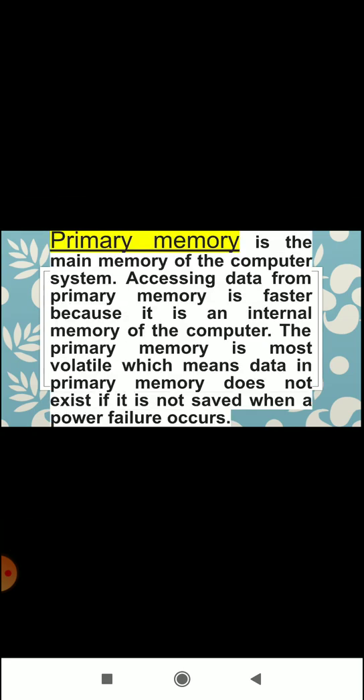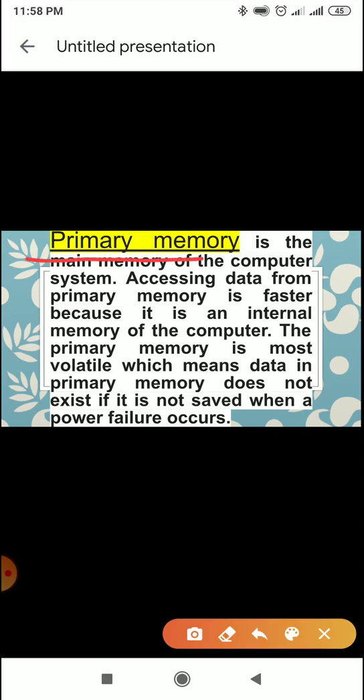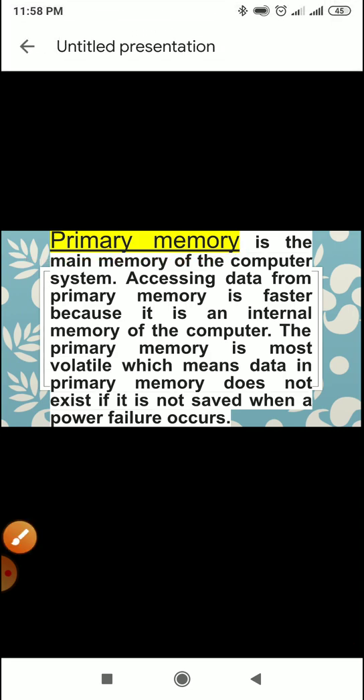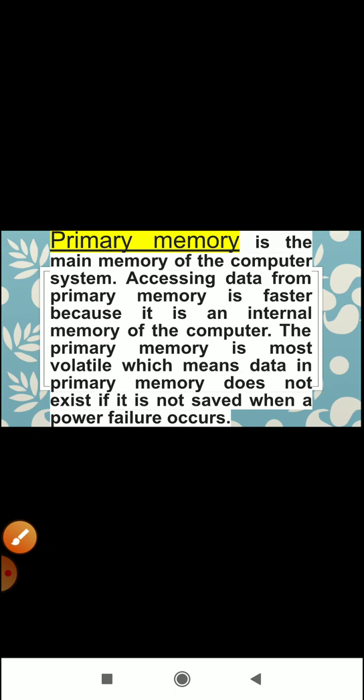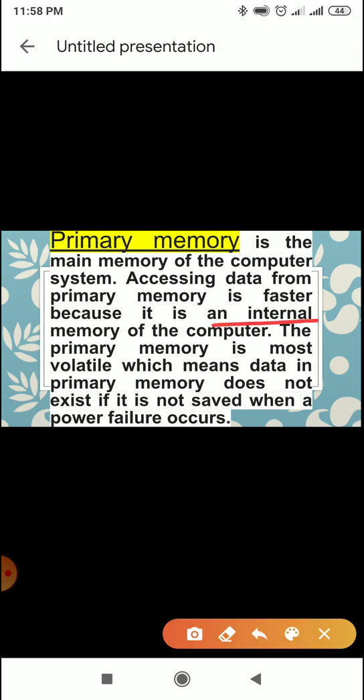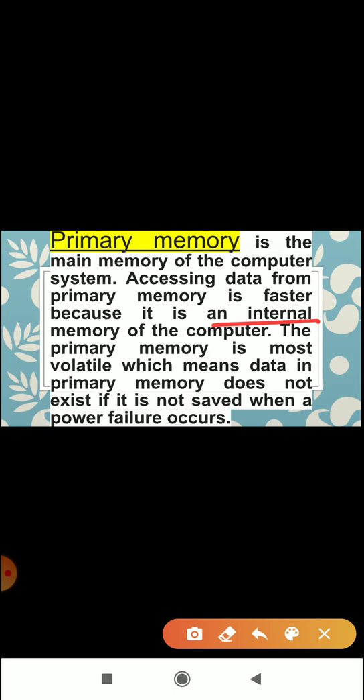Now, we will discuss the primary memory. Primary memory is the main memory of the computer system. Accessing data from primary memory is faster. Why? Because it is an internal memory of the computer.